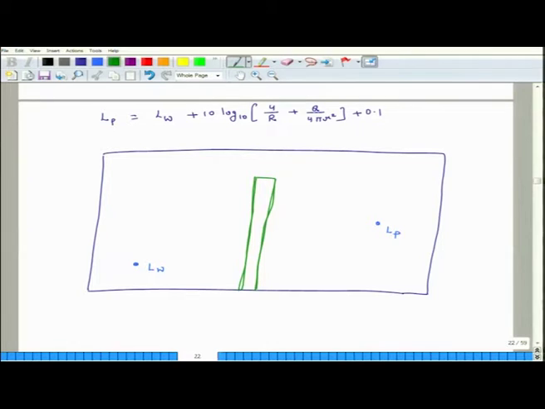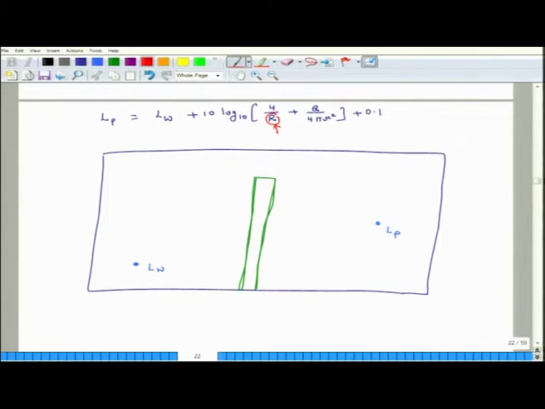So, sound will come here and it will get reflected and it may bounce and it may still reach here. That is one thing I have done. So, once I have added a reflecting surface, this R, which is room constant, will change, right. The value of R is going to change. So, I can use the same relation maybe if I can adjust for the room constant.